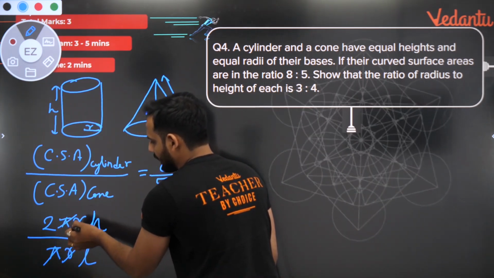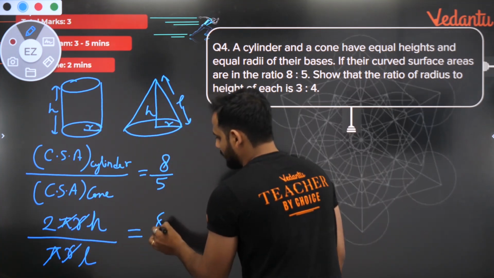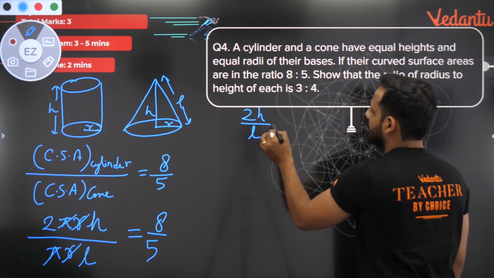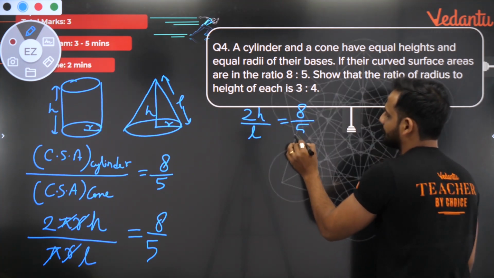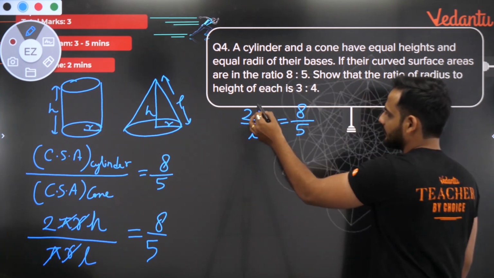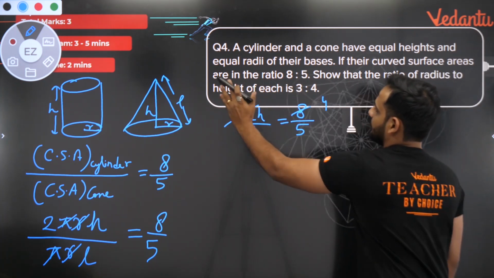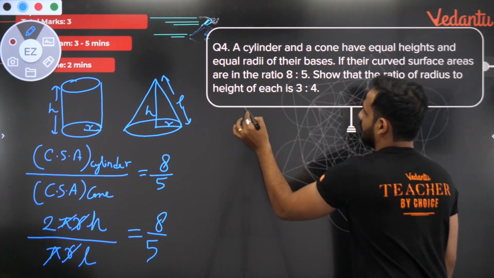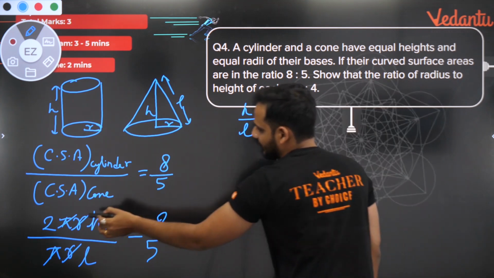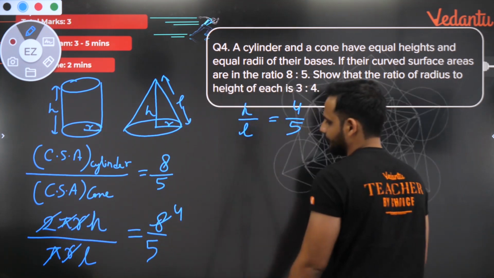Pi to pi got cancelled, r to r got cancelled, is equal to 8/5. So we are left with 2h by L is equal to 8/5. Correct? Now, one thing I can say is we can cancel the 2. So this will be equal to h by L is equal to 4/5.